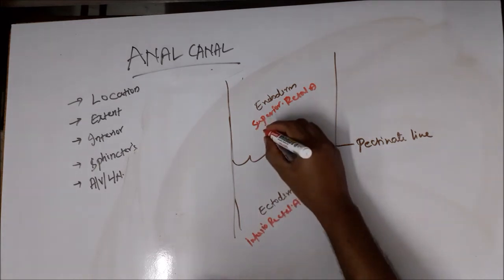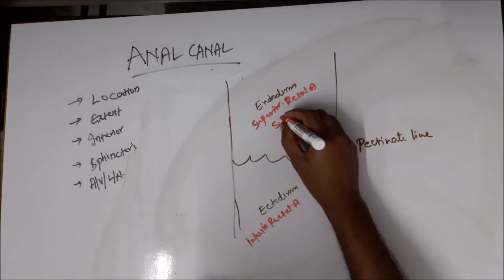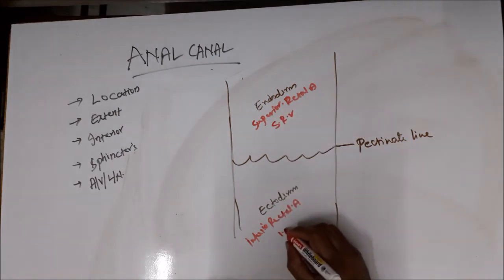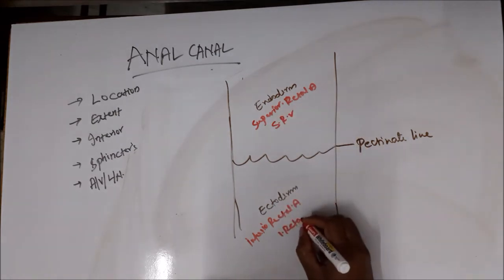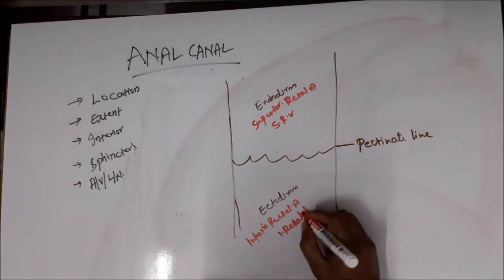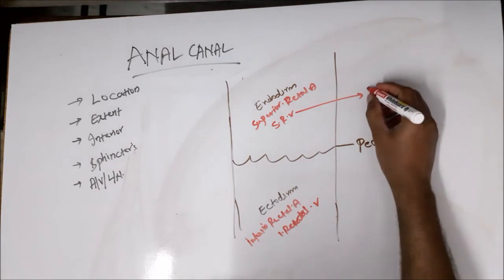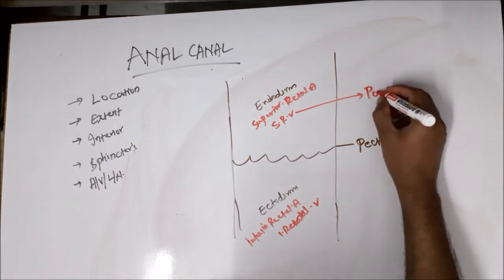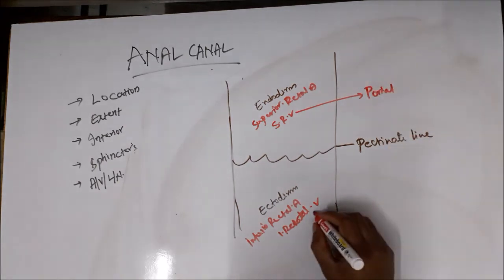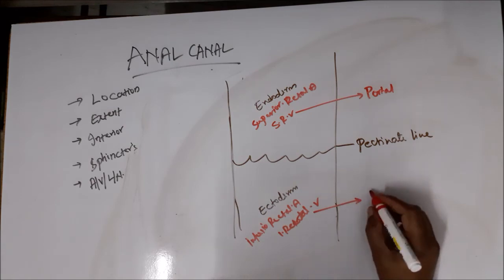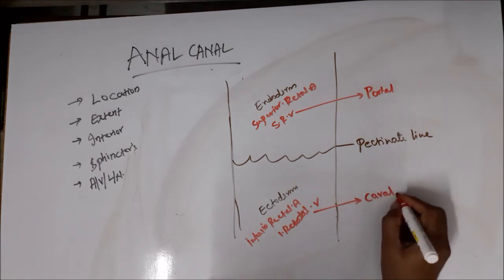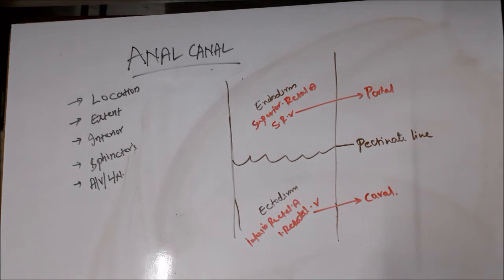In the same way, venous drainage is by the superior rectal vein and the inferior rectal vein. The superior rectal vein is a tributary of the portal system. The inferior rectal vein is a tributary of the caval system. So at this junction there is an anastomosis between the portal veins and the caval veins.